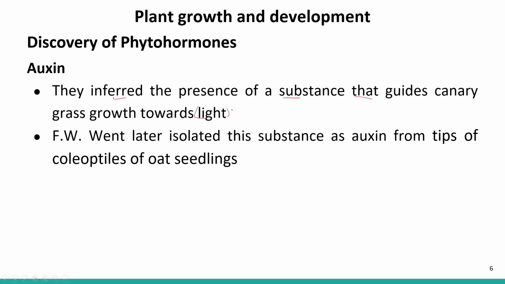They said that there is something in the shoot tips, or coleoptile, of the plant, some substance present there, which helps in the movement of the plant towards the light. Later, F.W. Went isolated this substance and named it auxin, from the tips of the coleoptile of oat seedling. He was working on oat seedling, also known as Avena sativa. Oat is known as Avena.